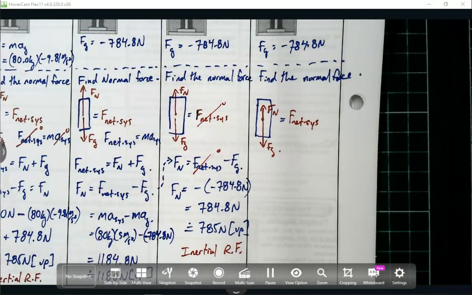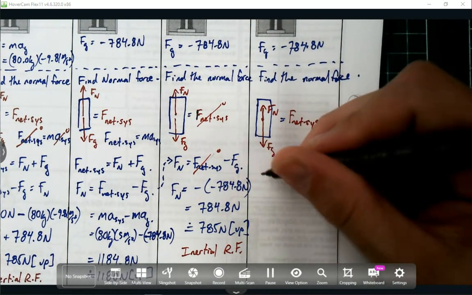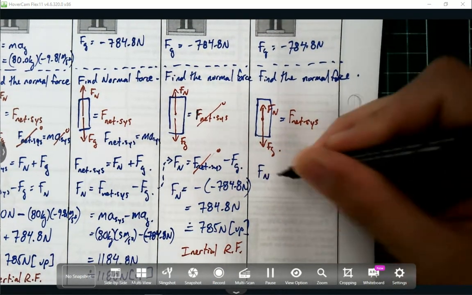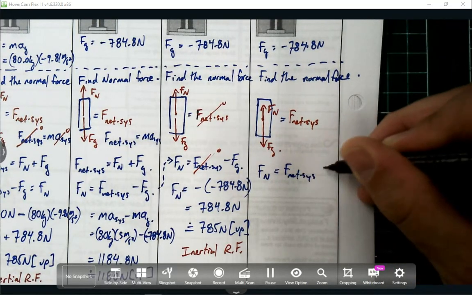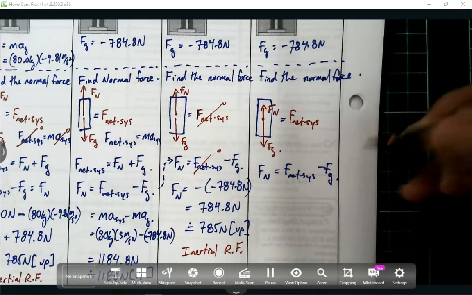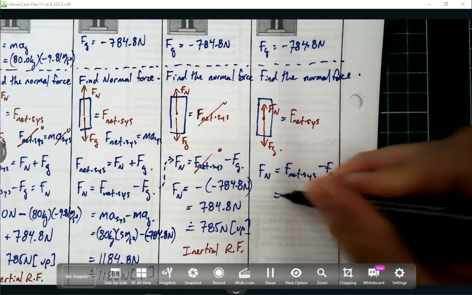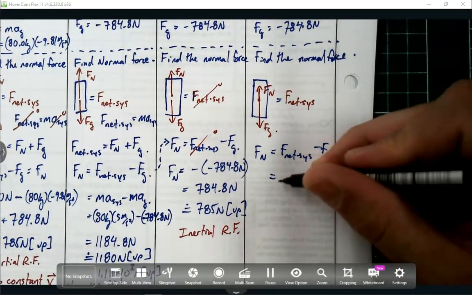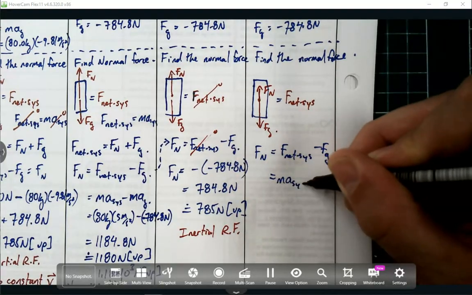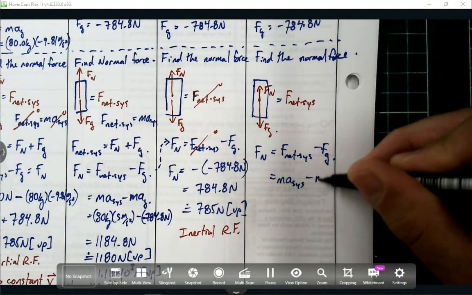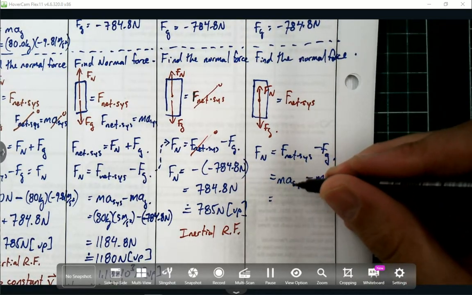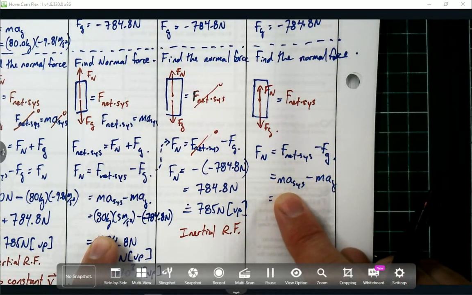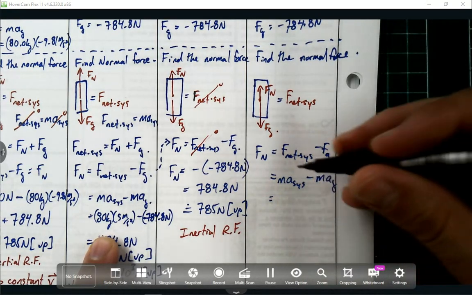But again, I'll have the exact same formula as we had once before. Once I isolate for F normal, it'll be F net sys minus FG. I sub in my values just like I did in the second column over. Mass times the acceleration of the system minus mass times acceleration due to gravity. This time, I end up getting 80 times negative 5 rather than 80 times 5 because this time the acceleration is downwards rather than upwards.